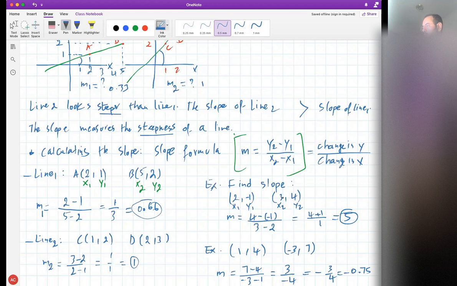Here we have 4, this minus from the formula, and then the y1. The y1 happens to have a minus, so you need to write them like this. You can't write it minus minus 1, it doesn't make a lot of sense. So you have to separate them: the first y minus the second y. That's why we used parentheses.